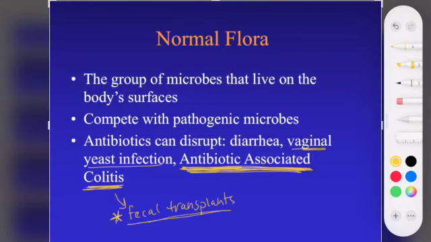Fecal transplants, they literally take microbes isolated from the poop of a healthy person, and they actually sometimes will take a scope and go through the mouth and the stomach so that they can deposit it in the small intestine to get it into your colon to hopefully repopulate the colon and lower GI of someone with this antibiotic-associated colitis. Also, C. diff infections can result in that.